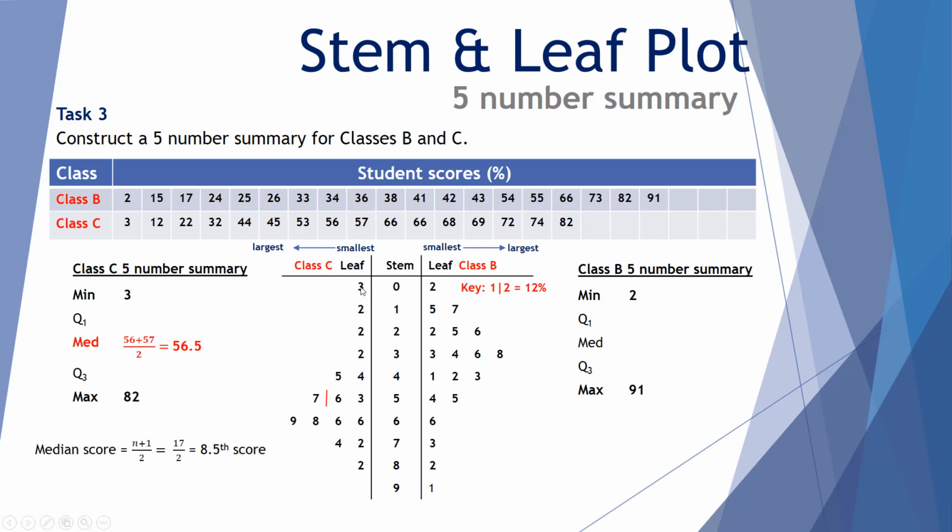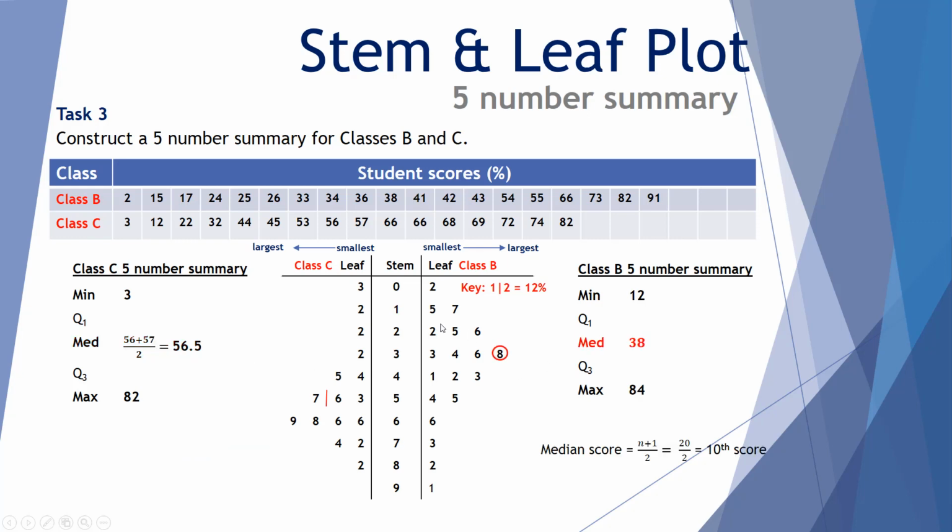So I count from the lowest number like we normally do to find the median. 1, 2, 3, 4, 5, start in the middle, 6, 7, start in the middle, 8. So the 8th and 9th, in between here is where we'll find the 8.5th score. We've got 56 and 57. The middle point between 56 and 57 gives us a median of 56.5.